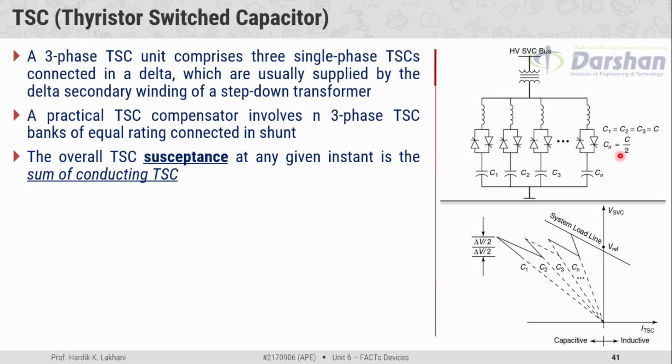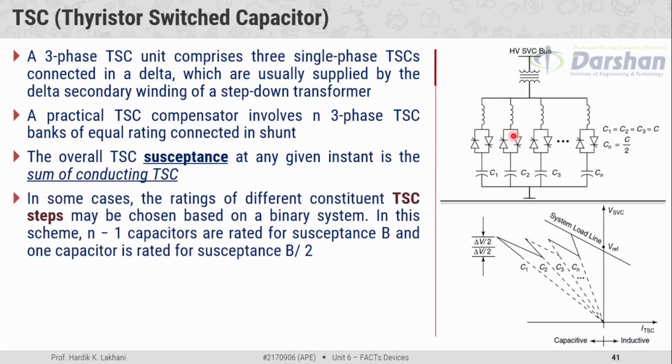Obviously, if out of these 4 branches only 2 branches are conducting, the susceptance of the compensator is the susceptance offered by the first one plus the susceptance offered by the second one. In some cases, the ratings of different constituent TSC steps may be chosen based on the binary system. In this scheme, n-1 capacitors are rated for susceptance B and 1 capacitor is rated for susceptance B by 2.